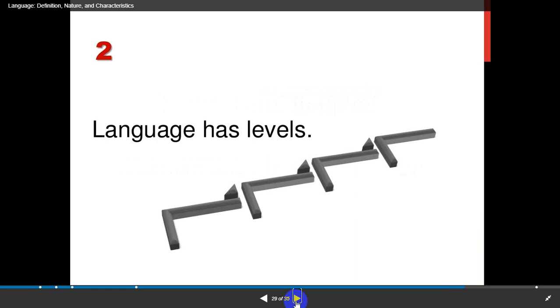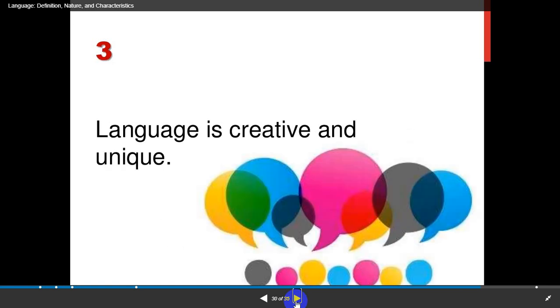Language has levels: levels of difficulty, levels of beauty. Yes, language has levels. Language is creative and unique.